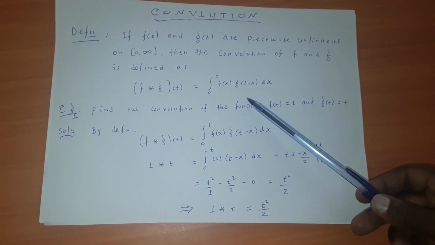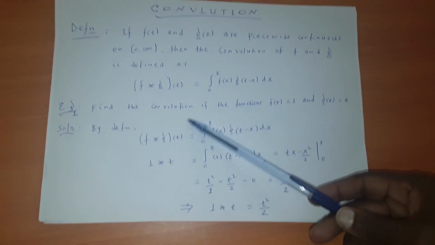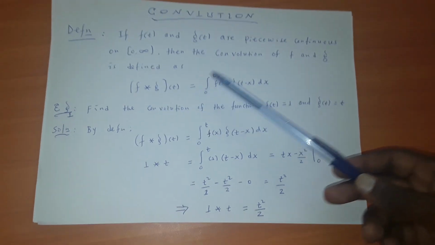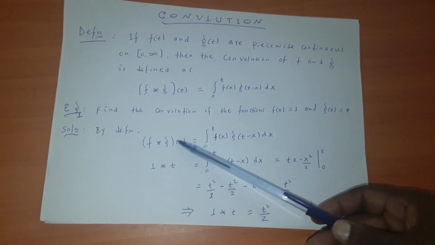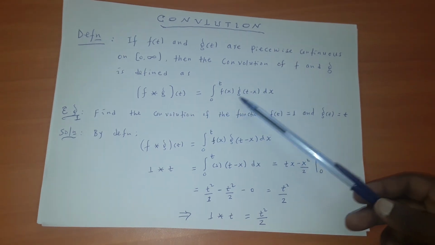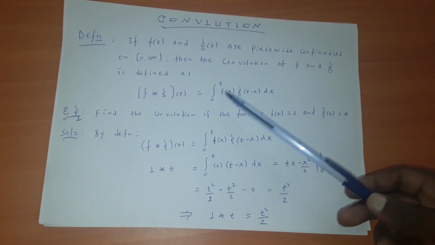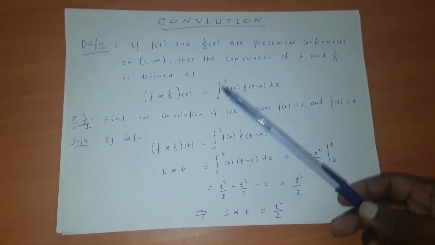We introduce a new dummy variable x here. We have the original function as f of t, but here it is f of x g of t minus x dx. This is the formal definition of the convolution of two functions.